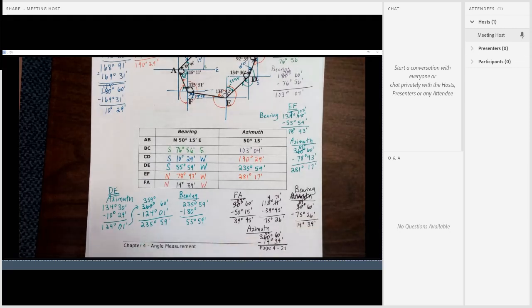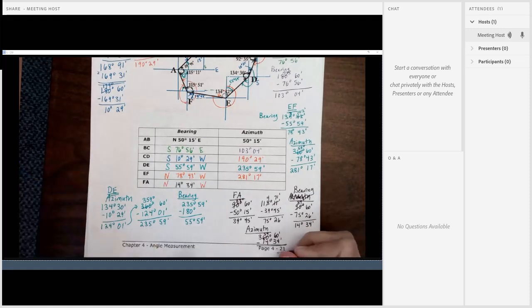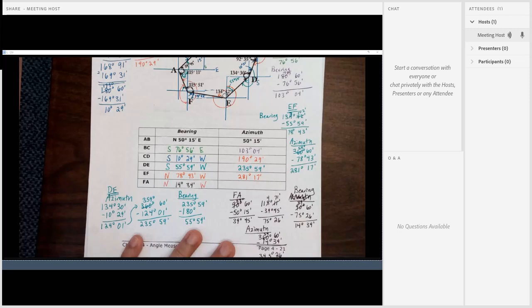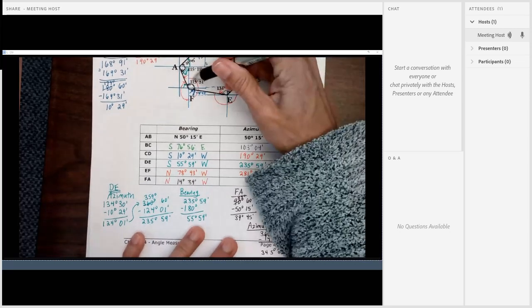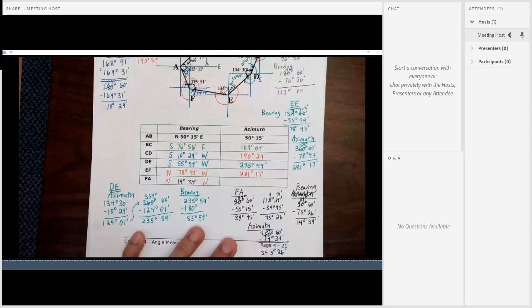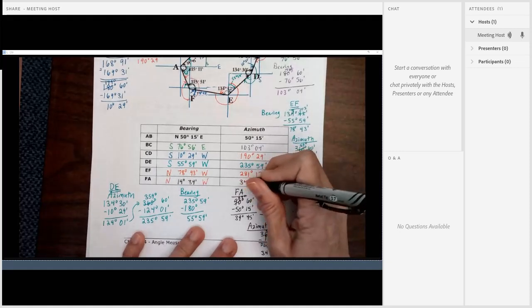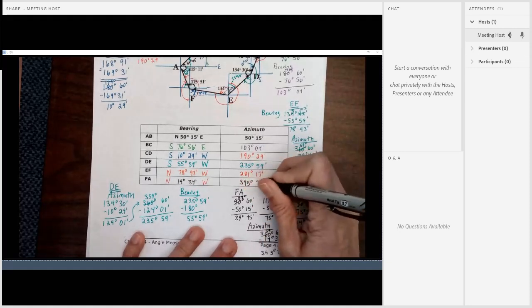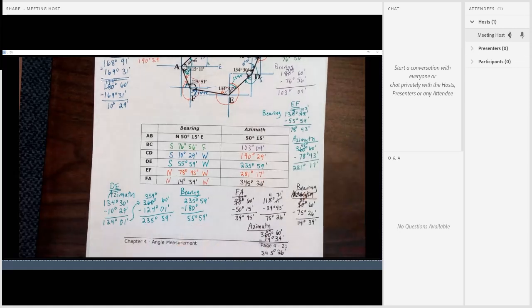All right, and then 60 minus 34 is 26 minutes. And then 359 minus 14, 5, 4, 3. So 345 degrees and 26 minutes, which makes sense. This is a big azimuth, right? It's practically going all the way to that 360 degrees. So 345 degrees and 26 minutes.